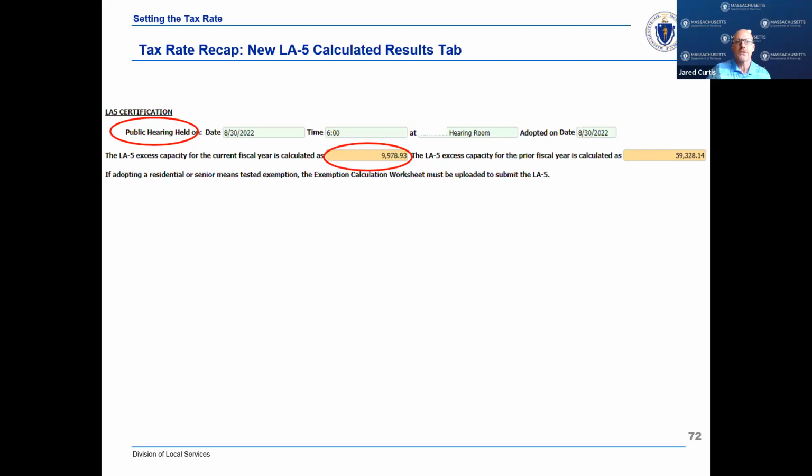So as Andrew mentioned previously, when you were looking at page 2 of the recap, as well as the levy limit sheet, there was $9,978.93 left in taxing capacity. Basically, this particular community taxed to their levy limit. They would not be able to raise their tax rate 1 penny in order to remain under the levy limit. Next slide, please.